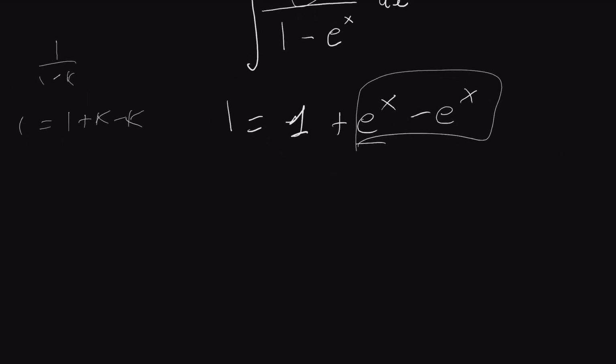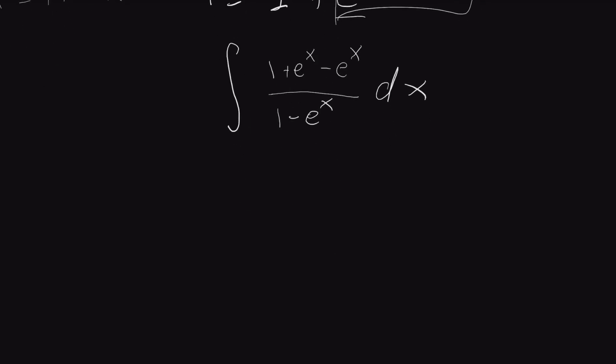Now we're going to rewrite our integral as the integral of 1 plus e to the x minus e to the x, divided by 1 minus e to the x dx.